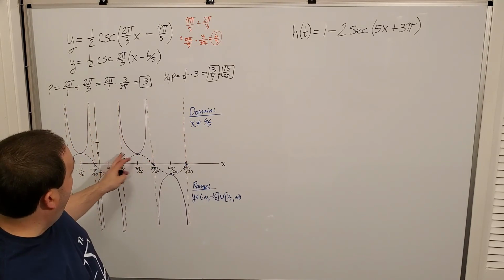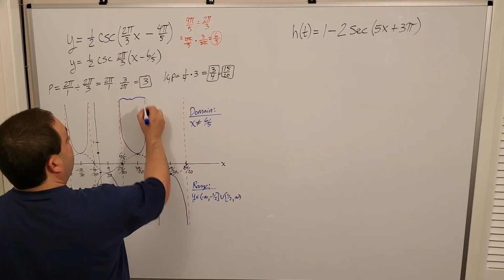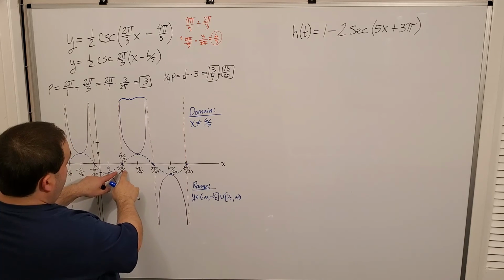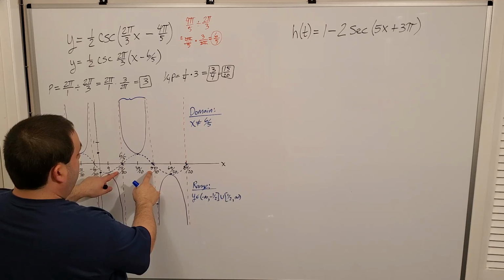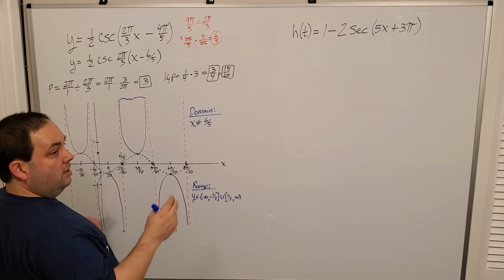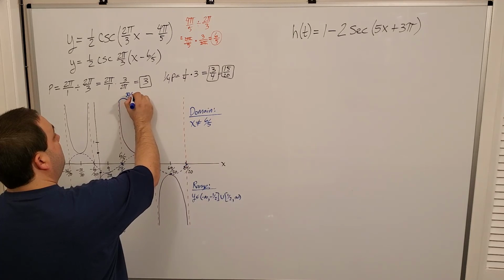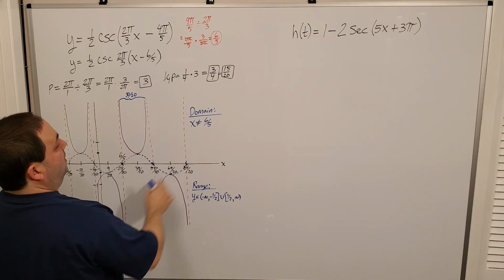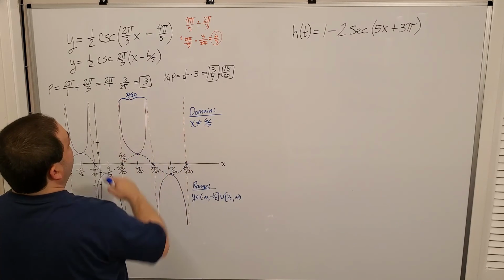Now, what size gap is it from one asymptote to the next right here? It goes from 24/20 to 54/20 for a distance of 30/20. 30/20. This has a denominator of 5 on it. Can we reduce it to that?